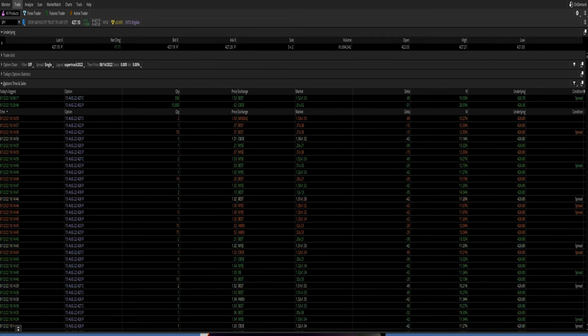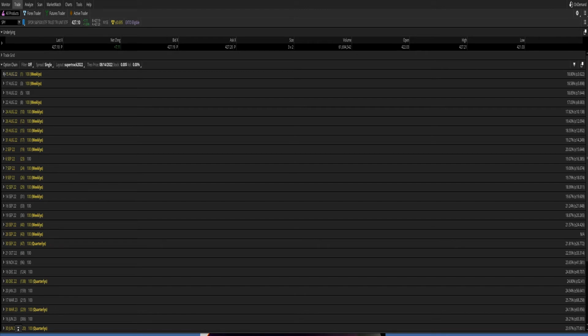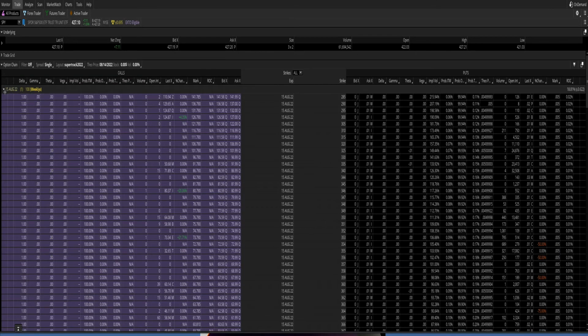Oh, sorry. Let me open up the chain here. So in a position like this, you want to look at it on a day-to-day basis, plus or minus $3.68 that the SPY is supposed to move in one day, right?